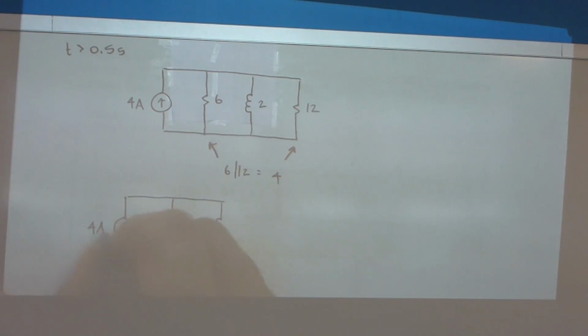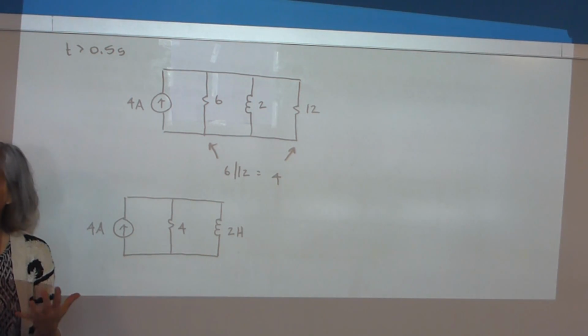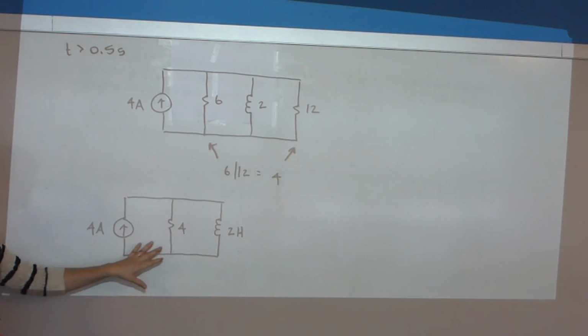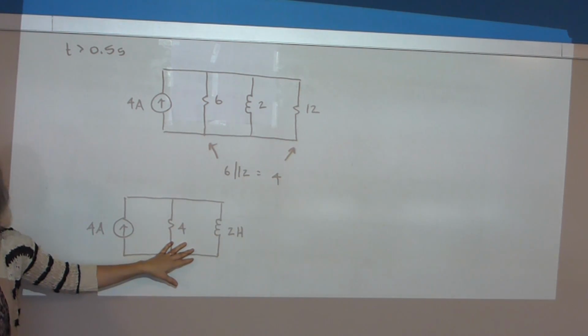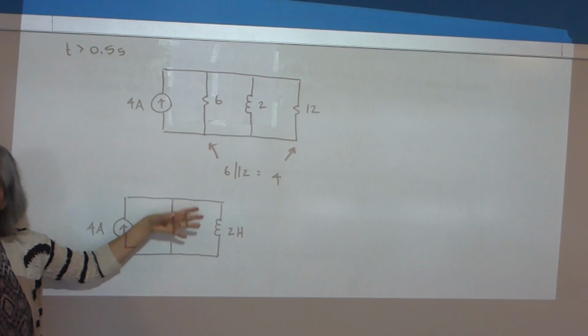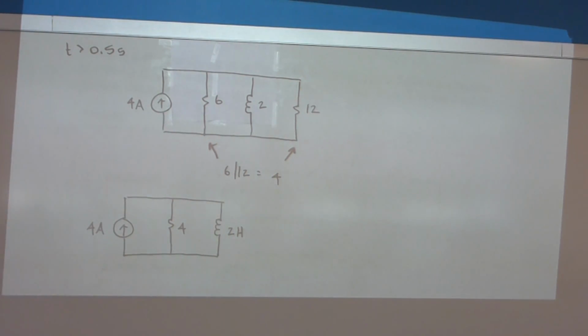My current source has not changed. So I have the correct type of circuit: one current source, one resistor, one inductor, all in parallel. So the first thing I need to do is figure out what my initial current is. I can't tell that from here. I need to go one circuit back.